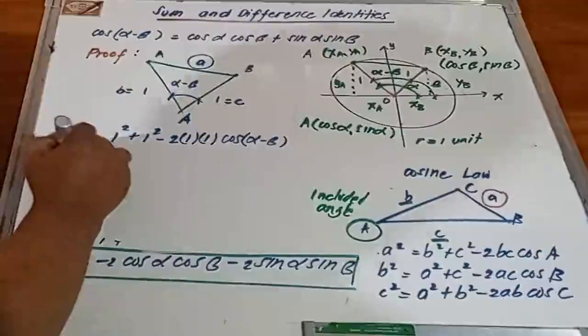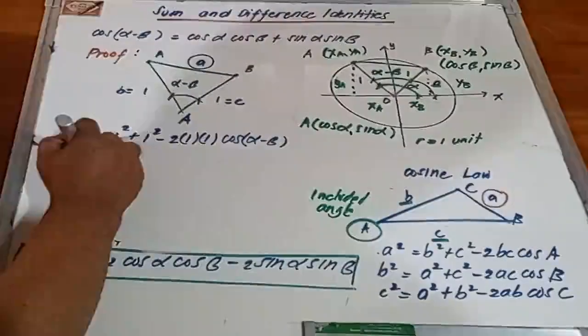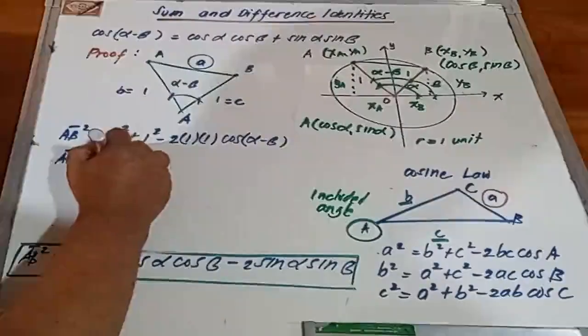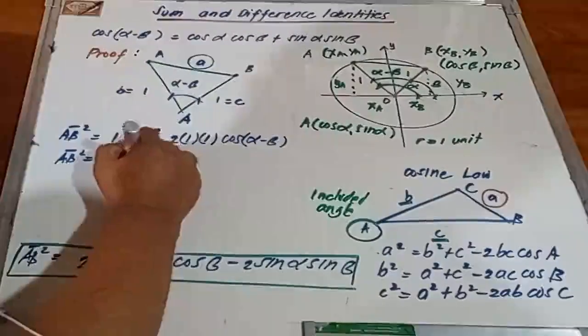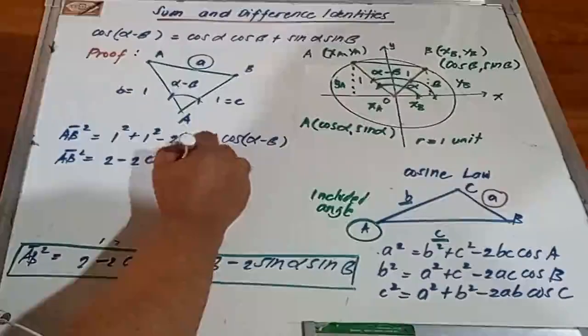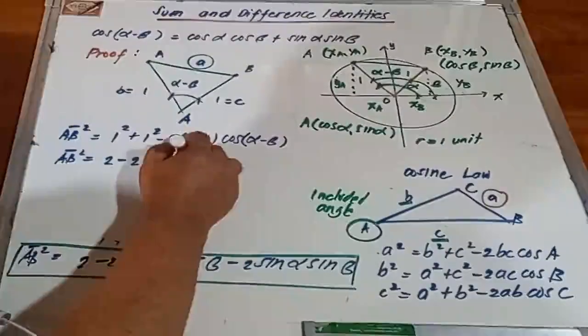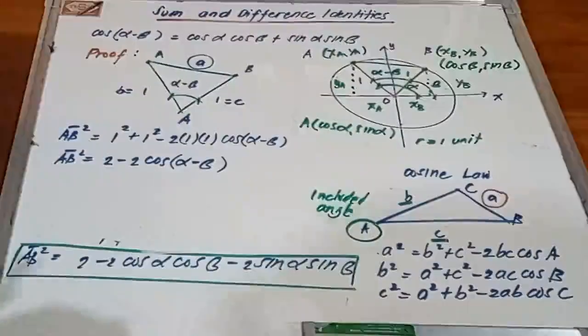So we have AB squared equal 1 squared plus 1 squared is 2 minus 2 cosine alpha minus beta. So, meron na tayong isa pang AB squared dito.